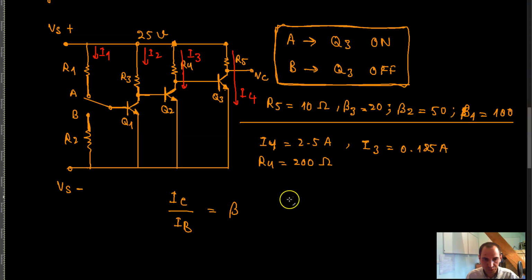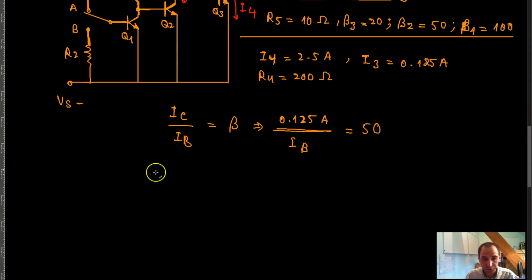So then 125 milliamps, or 0.125 amps, over I of B is supposed to be the beta of this transistor Q2, which is 50.